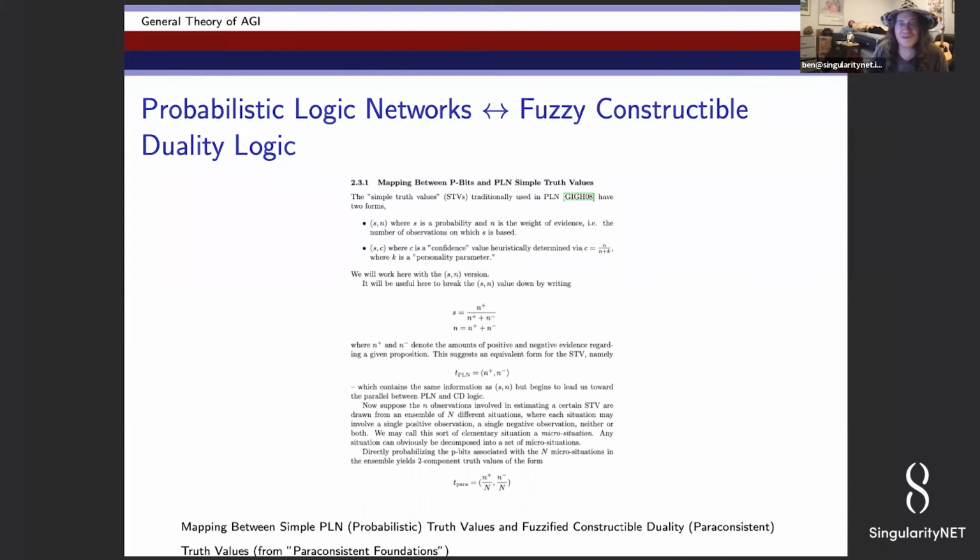So there's a simple isomorphic mapping between these paraconsistent truth values that I call p-bits in the paper, Paraconsistent Foundations, and PLN, probabilistic logic network, simple truth values.